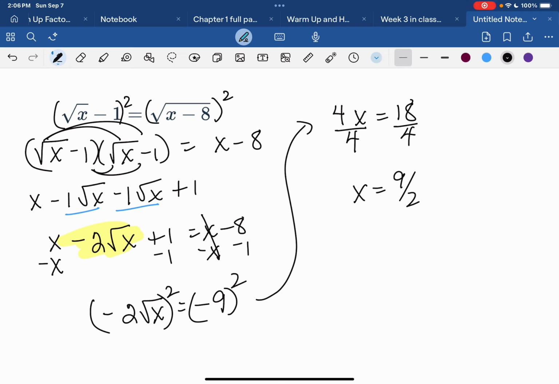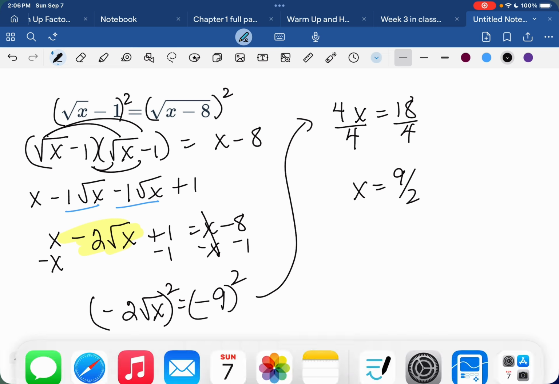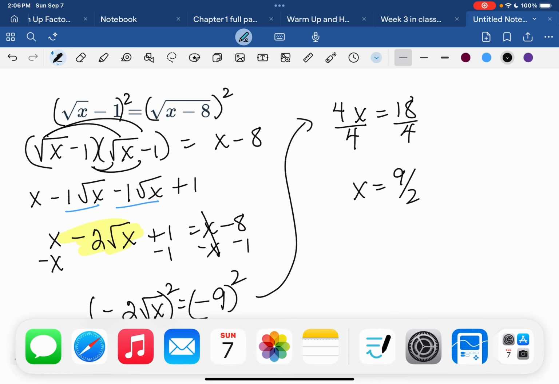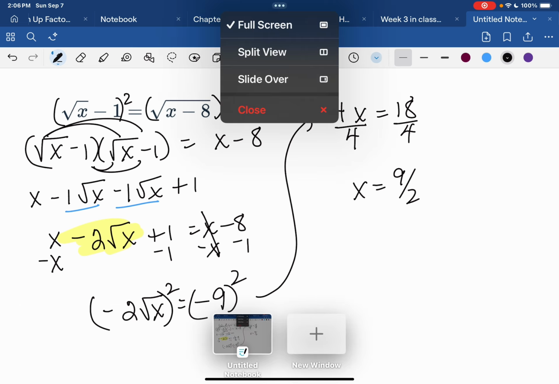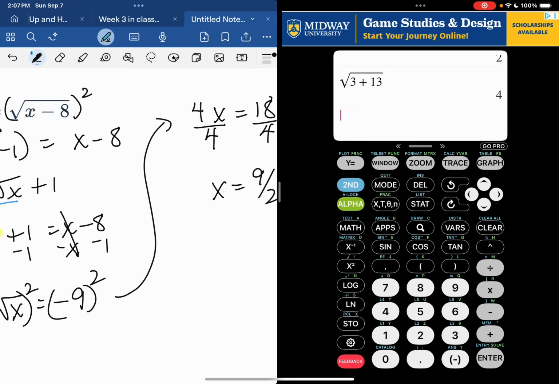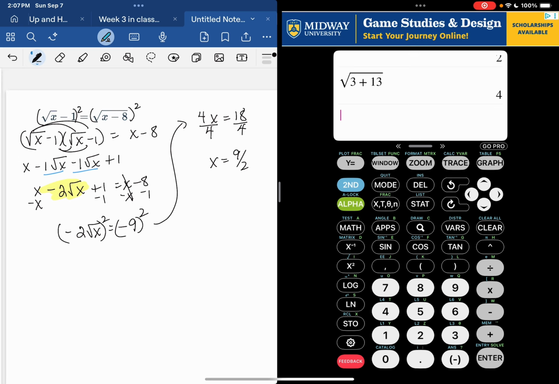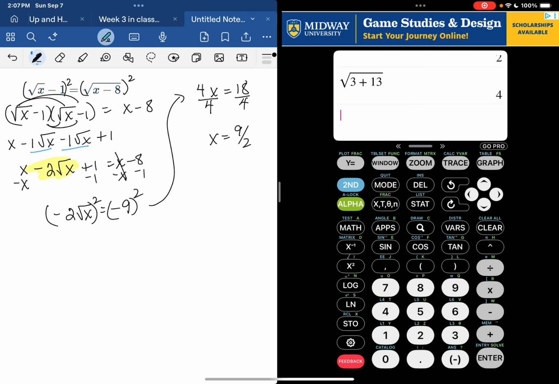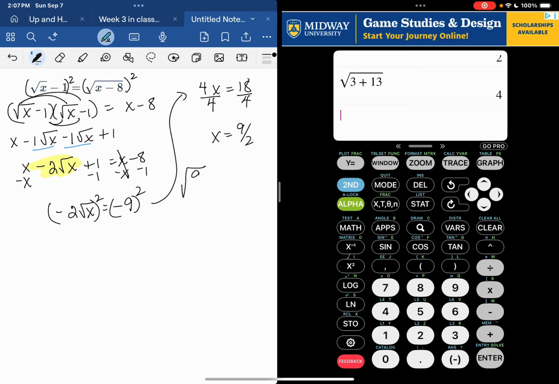Now I want to double check that. So I want to plug it back into the original. So I'm going to do the square root of 9/2 minus 1 equals the square root of 9/2 minus 8.